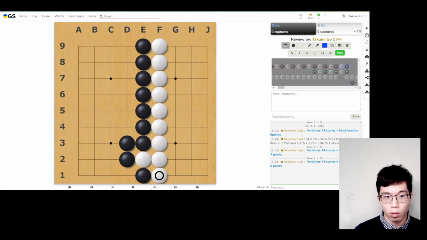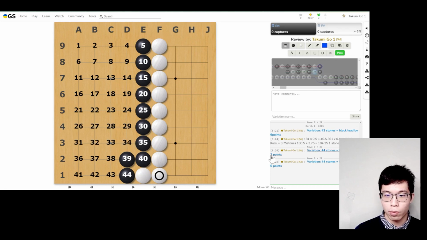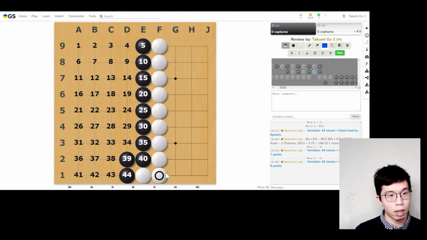The last stone is played by black when black is leading by an even number of points on the board. Now if black leads by an odd number of points, white plays the last stone.